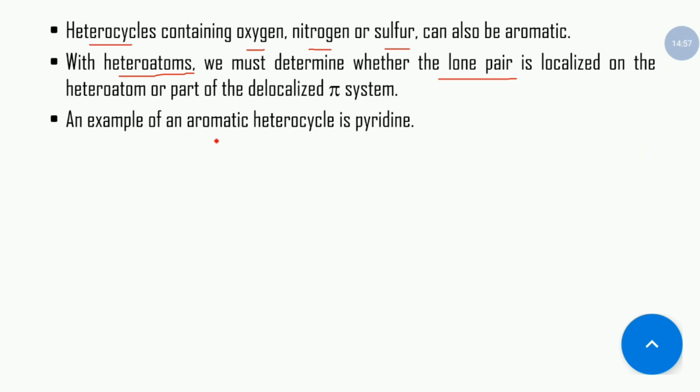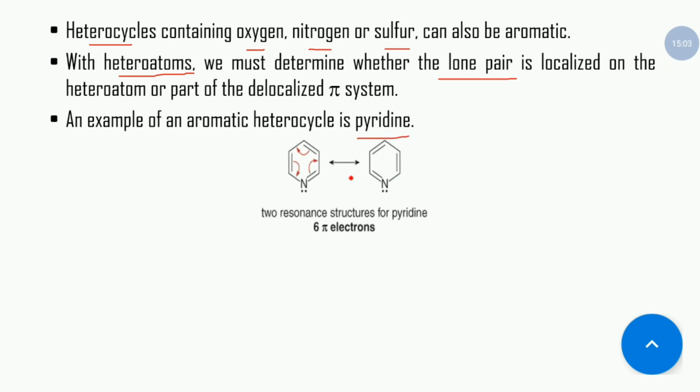For example, take an aromatic heterocyclic compound like pyridine. In pyridine, the heteroatom is nitrogen, and it also carries one lone pair. But the presence of this lone pair does not mean it is always part of the conjugation process; it depends on its position.